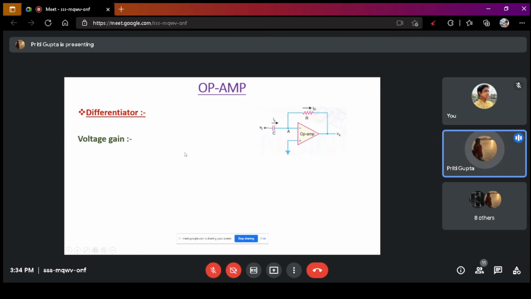Okay, so voltage gain, again same logic we will use. IC equals to IR. This is the first logic. Now VA at point A, voltage is also 0. So write down the input current IC equals to the feedback current IR, or IC equals to IR.